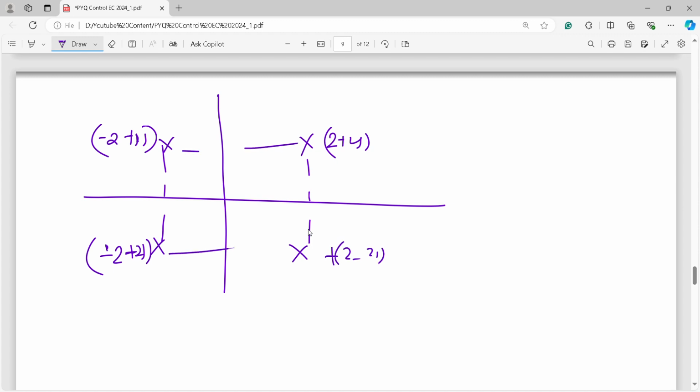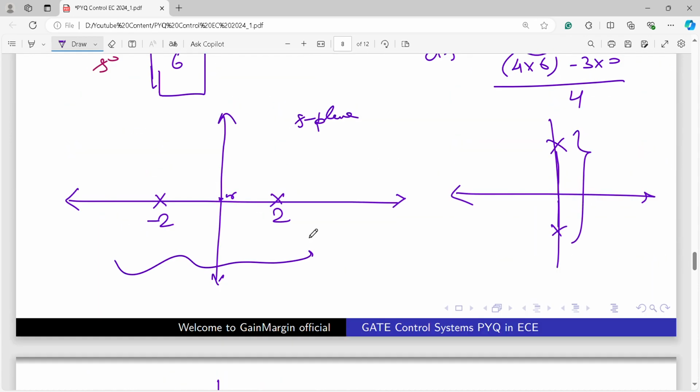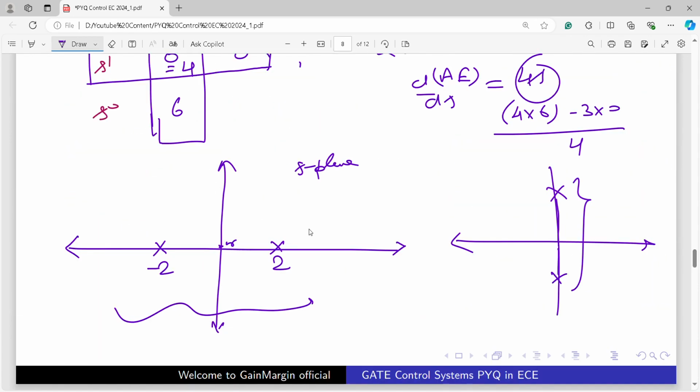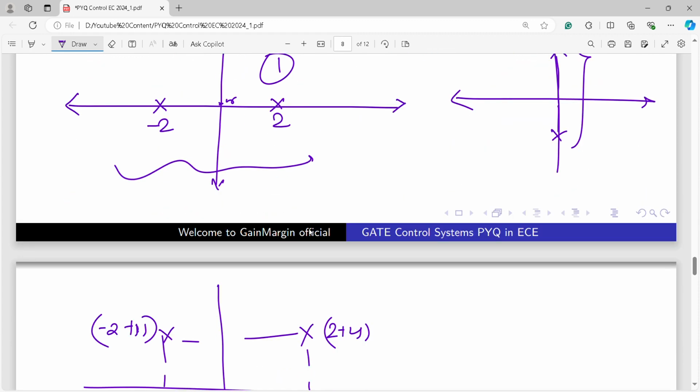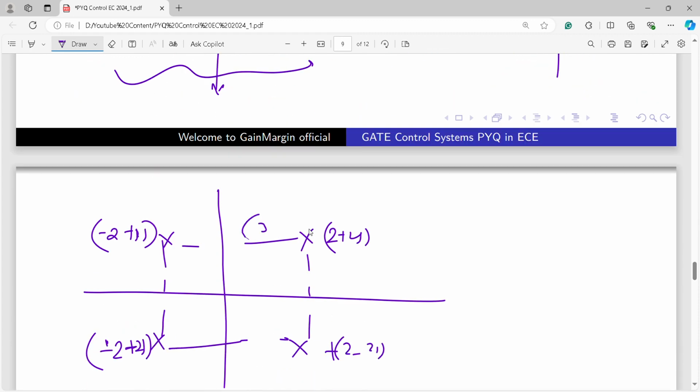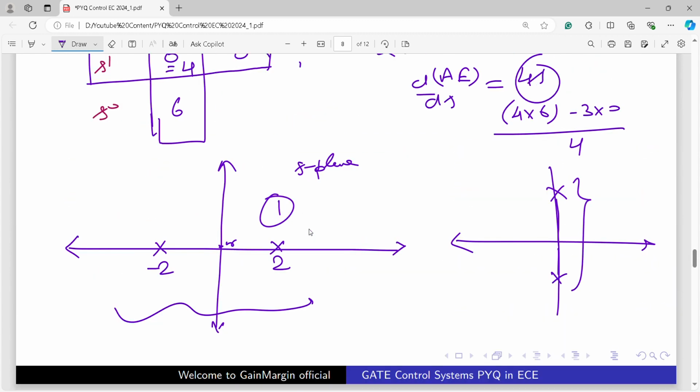So in our given question, the first case and third case are not there, because there is no pole on the right hand side, but the second case is possible. It means poles would lie on the j omega axis.